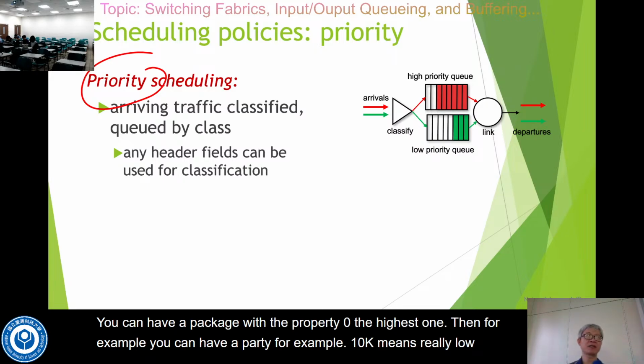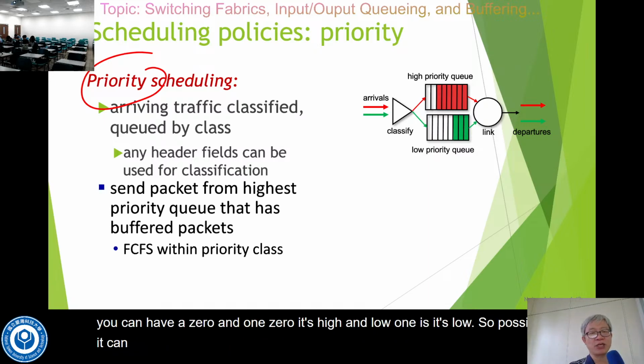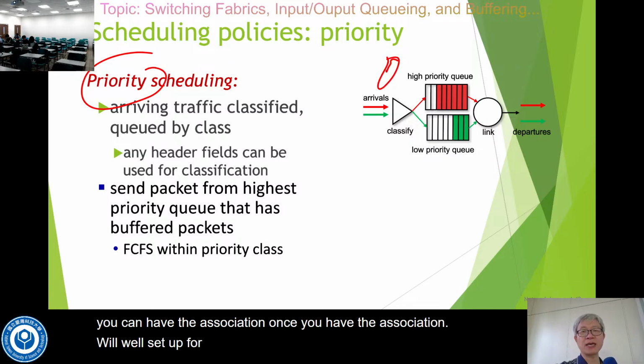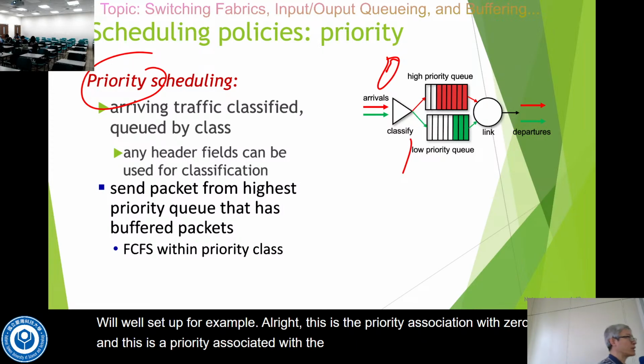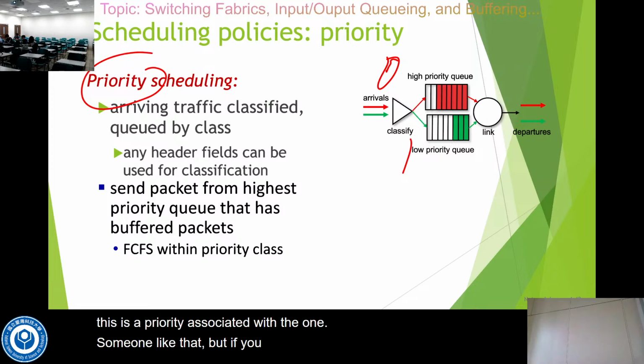Or you can have 0 and 1, where 0 is high and 1 is low. So possibly you can have the association. Once you have the association, we will serve, all right, this is the priority associated with 0, and this is the priority associated with 1. Something like that. But if you don't like the numbering, you can have high priority, low priority.